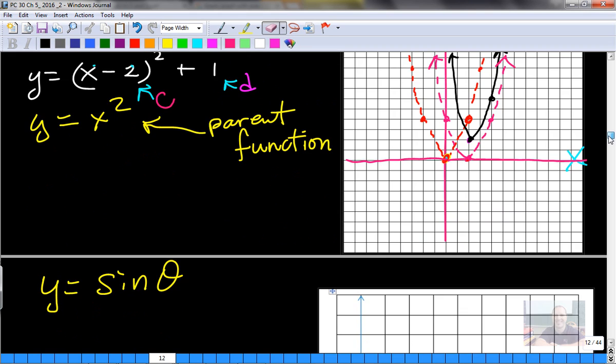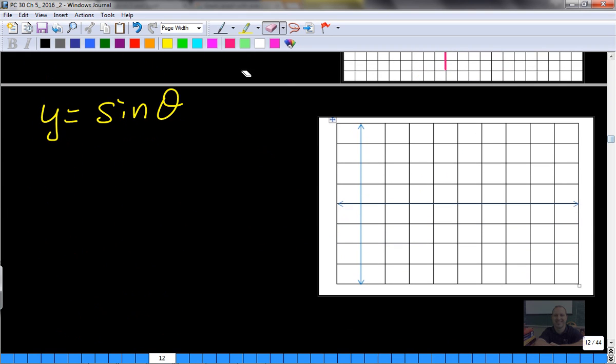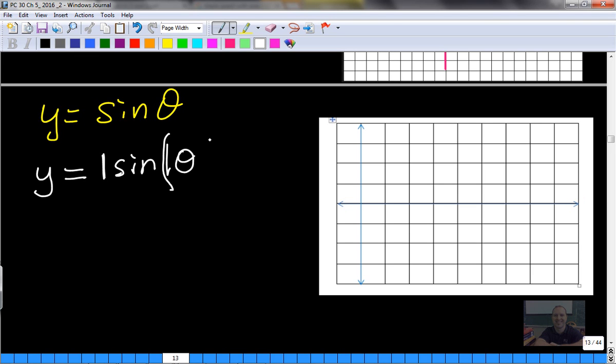But okay, what I want to show you here is a regular sine graph, and I'm not going to probably draw anything here, but we know that A is 1. We know that B is also 1, right? So that's 1 theta. The C value, what is the C value for just this regular sine theta graph? 0, right?